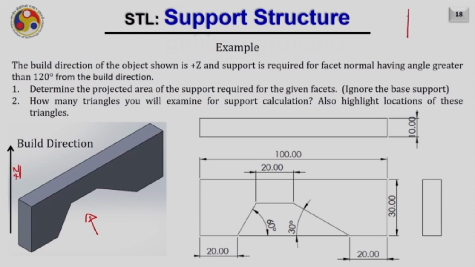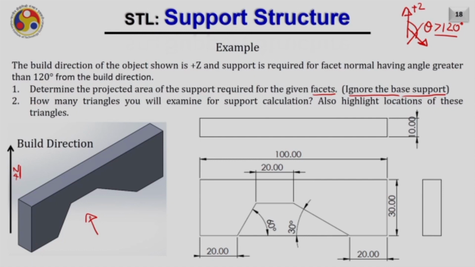It means if this is the plus z build direction, and there are facets that are tilted like this and have the facet normal in this direction, and this angle I am talking about is theta. If this is greater than 120 degrees, then only the support will be required. Determine the projected area of the support required for the given facets. Also, we have to ignore the base support, which is required to support the entire base.